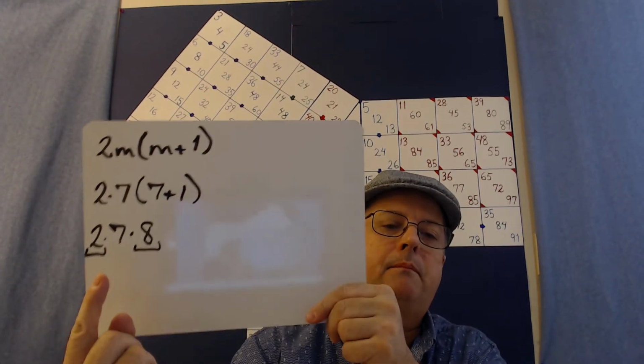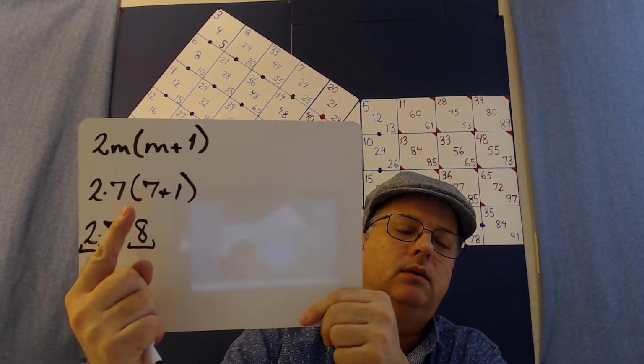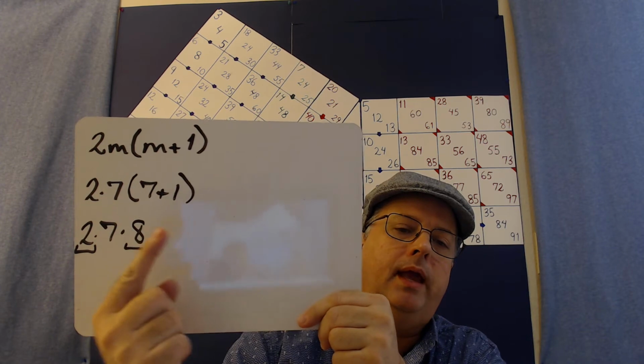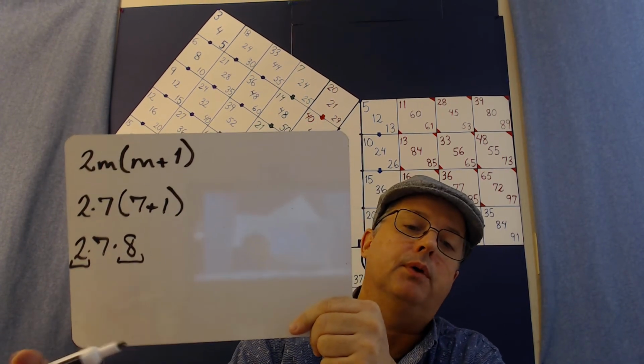See, check that out. So if we have m as 7, well then m plus 1 will be 8, and we'll have an even number times an even number, which will give us a multiple of 4. And of course, as we just established, we can just rewrite this.